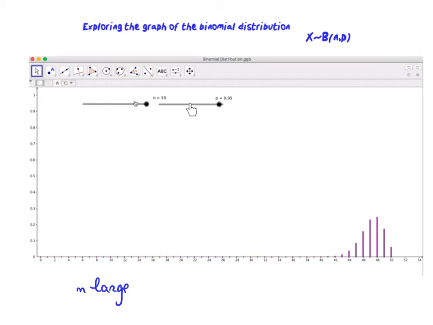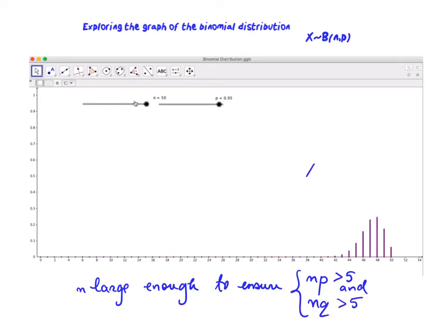However, if I go not close to 0.5, but a bit lower, it will still be a normal distribution. So the condition that is widely accepted is that n needs to be large enough to ensure that np is bigger than 5 and nq is bigger than 5.